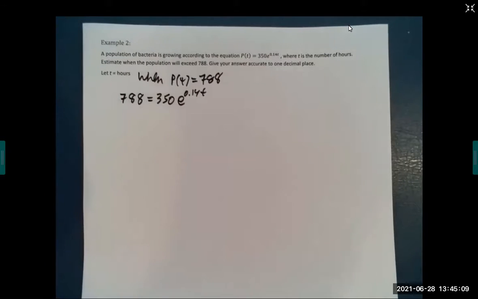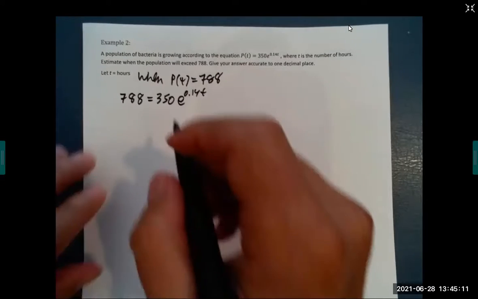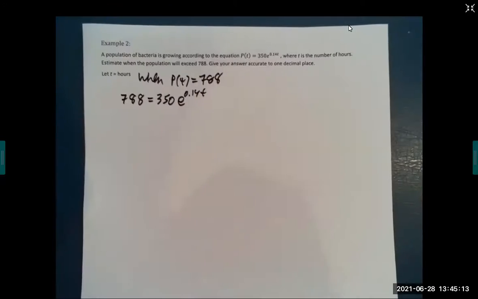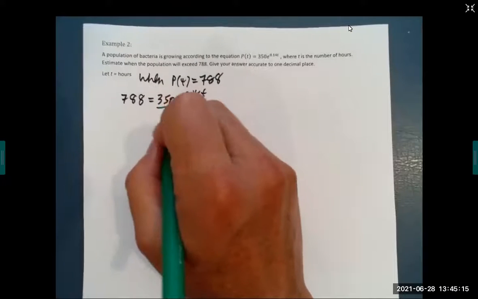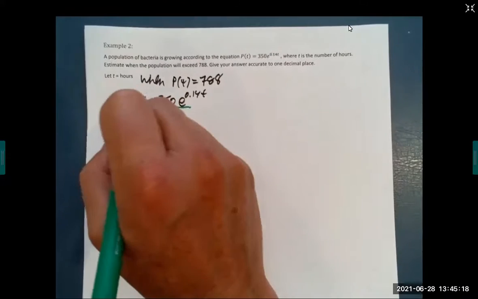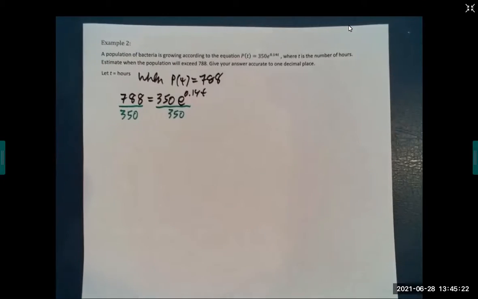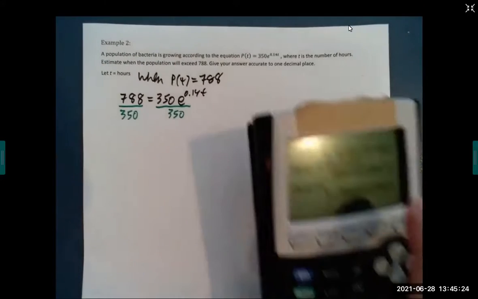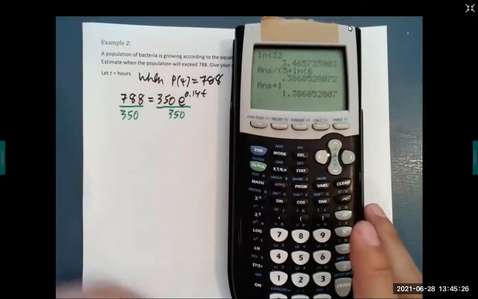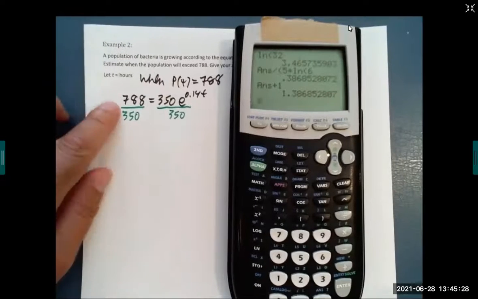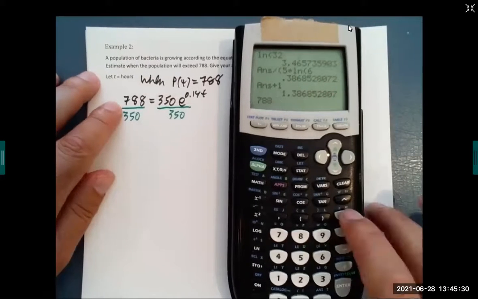Again, my goal is to get t by itself. I'm going to divide both sides by the 350. And I'm even going to reduce. Let me show you how to reduce with your graphing calculator. They're both even, so I know they reduce at least a little bit. So 788 divided by 350.